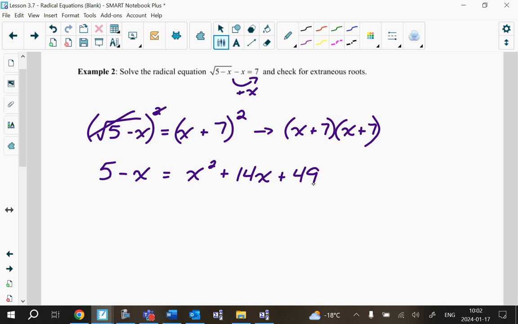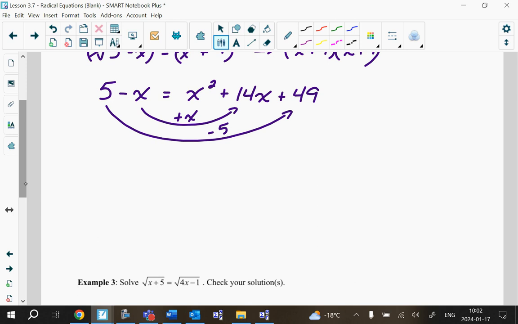So plus x minus 5. When I move both of those over, I get 0. And what does the right side look like now? x squared plus 15x plus 44.